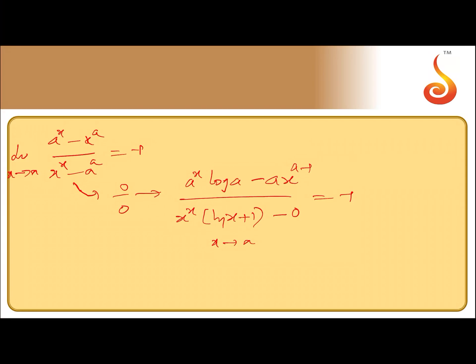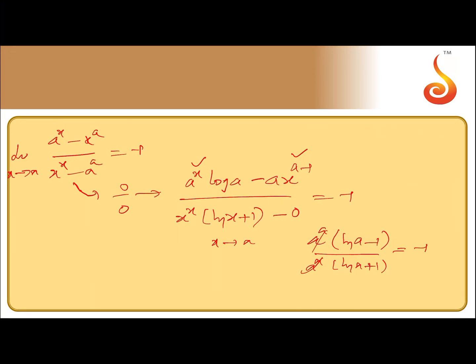Let me substitute. You will get a^a here. Taking a^a common, it is (log a − 1) divided by a^a multiplied by (log a plus 1), and therefore a^a gets cancelled, equal to −1.